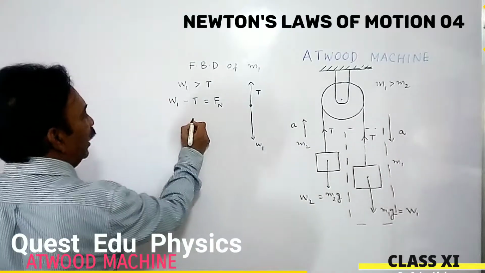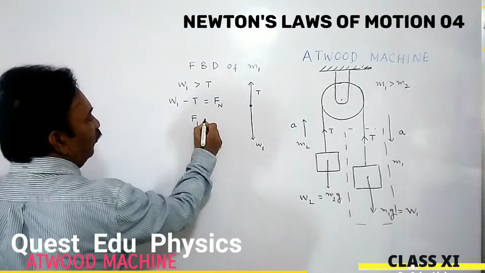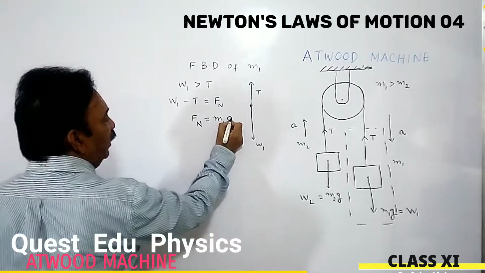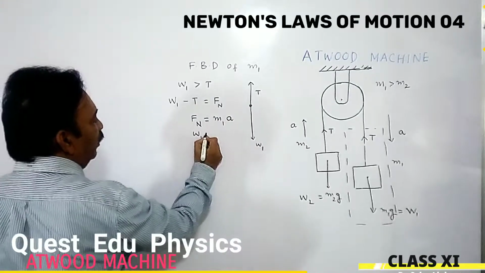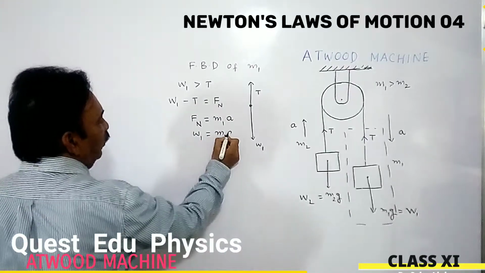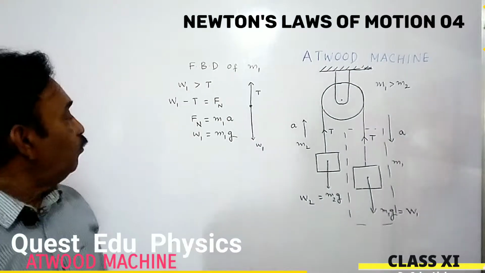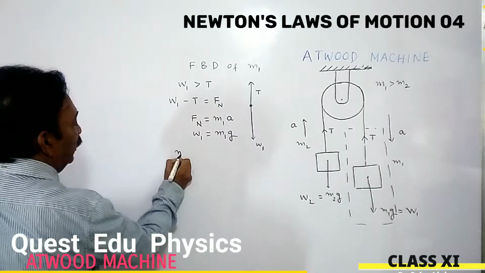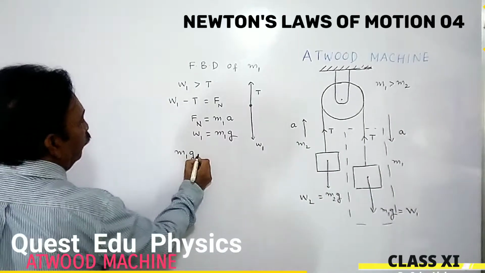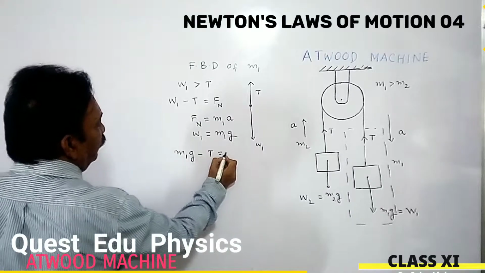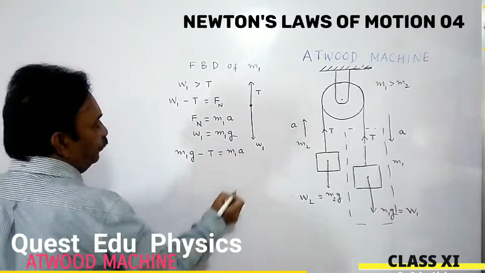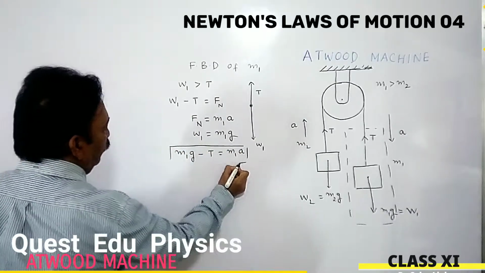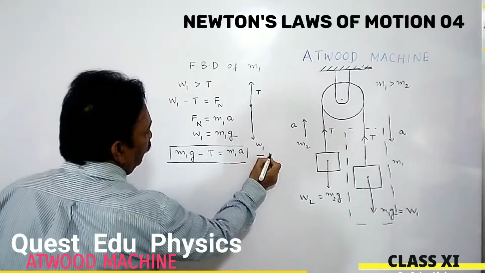Okay, and you can write the net force Fn is equal to M1A, and weight W1 is equal to M1G. Now we are substituting these values in. What you get? M1G minus T is equal to M1A. Freeze it and say it is equation 1.